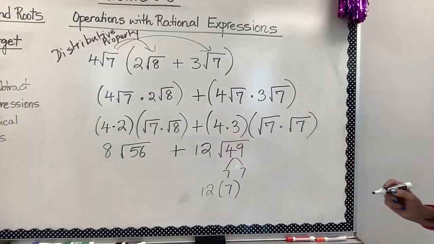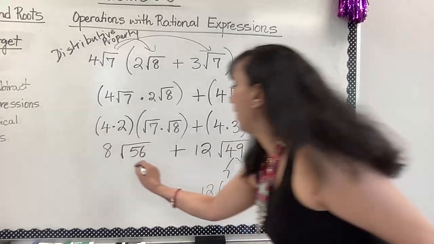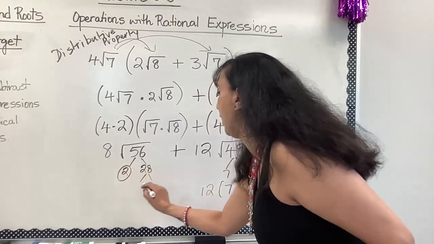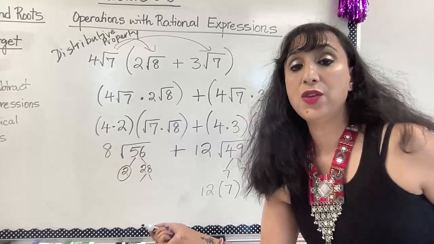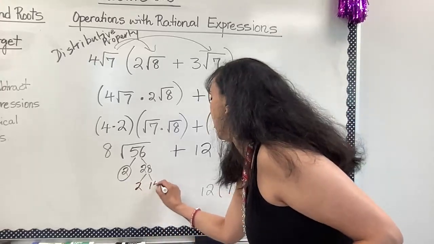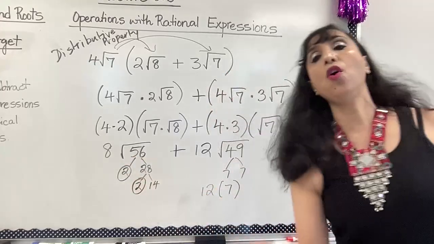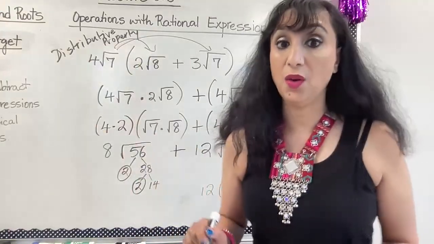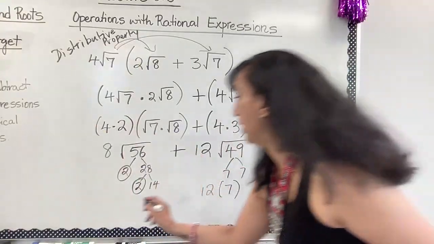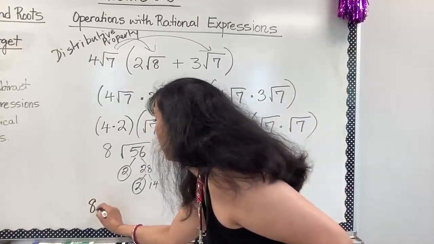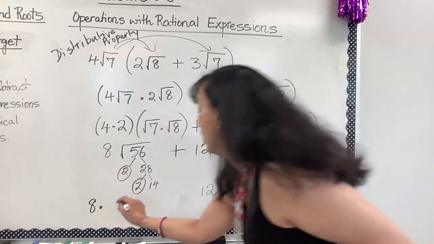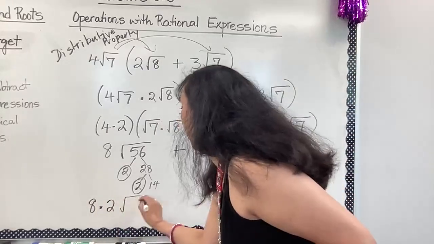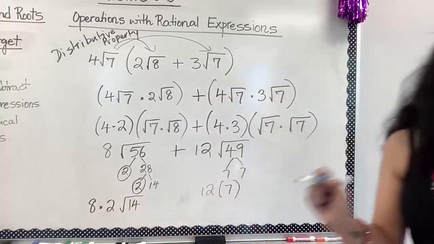So I'm going to do prime factorization, and I know that I have 2 times 28, and 28 is again a composite, so 2 times 14. Now look, is 4 a perfect square? Yes, so it has to come out of the radical sign. So this is going to be 8 times 2, because the square root of 4 is 2, and then I have 14. So what is 8 times 2?